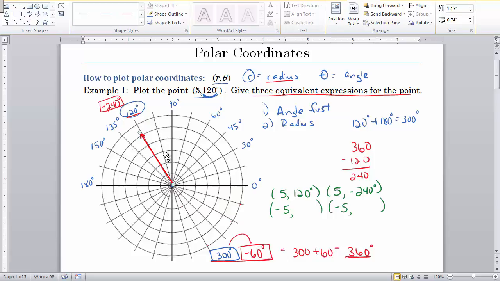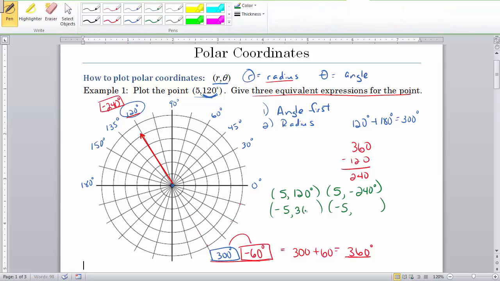So we're still going to end up in the same place. Let's go over that again. What did I do? Rotated to 300 and then went backwards. And so the answer here would be (-5, 300 degrees) and (-5, -60 degrees). And all 4 points are the same point, plotted right here in polar land.